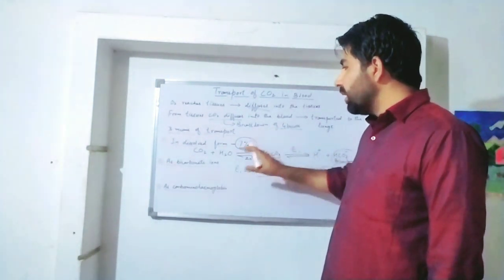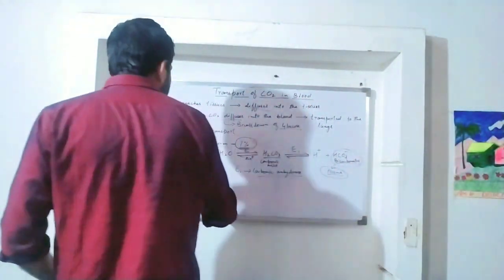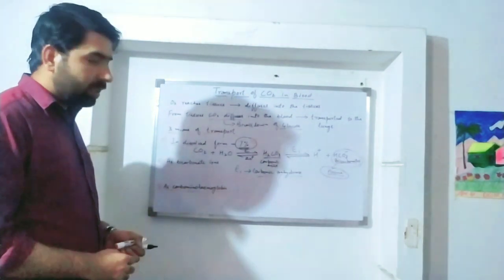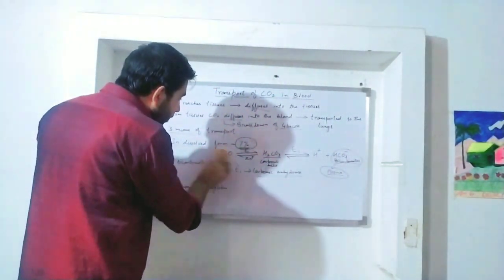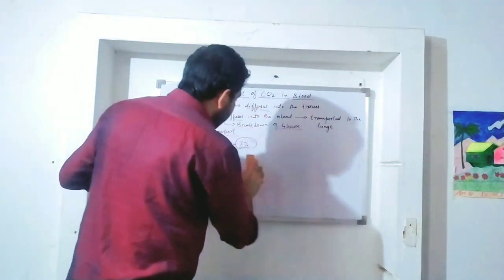So 7% of the carbon dioxide is transported in the dissolved form. The most important thing here is the bicarbonate ion. Bicarbonate ion involves an elaborate mechanism, or it is carried from the tissues to the lungs by a different mechanism.